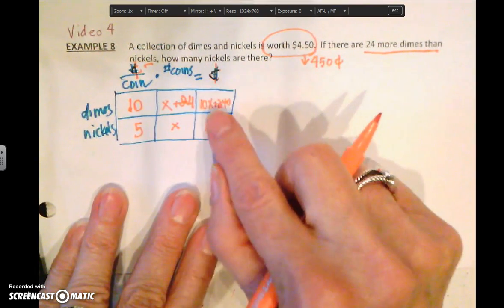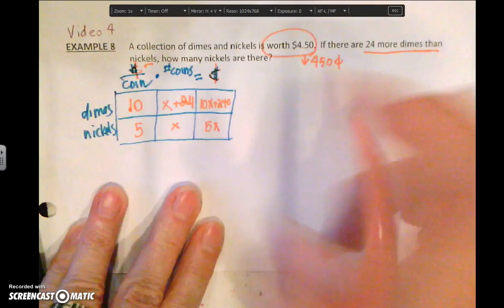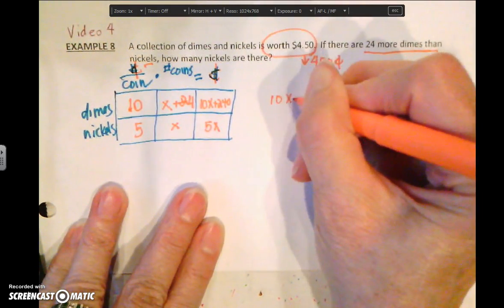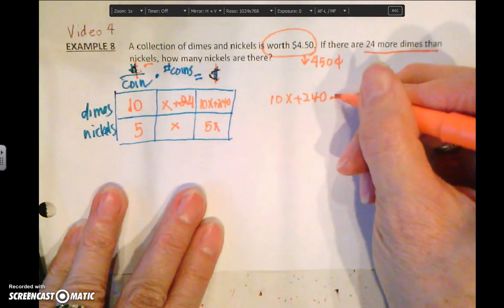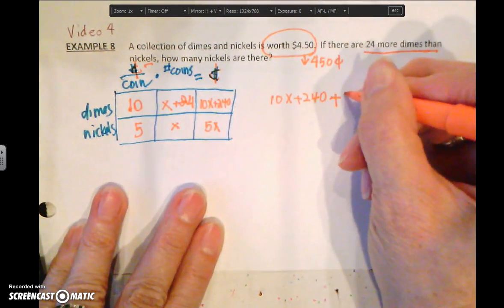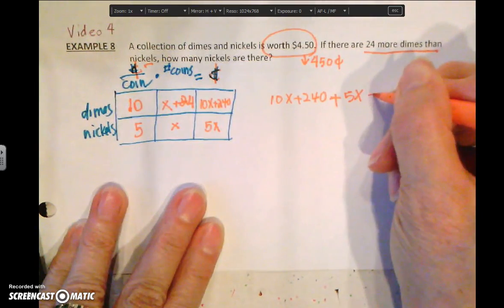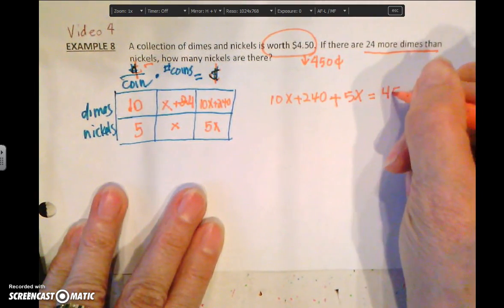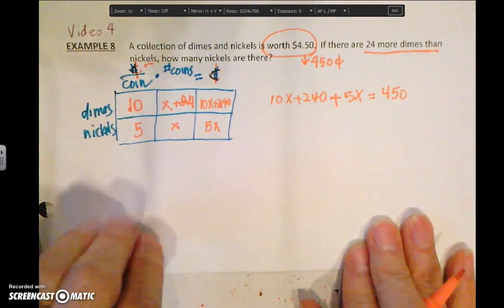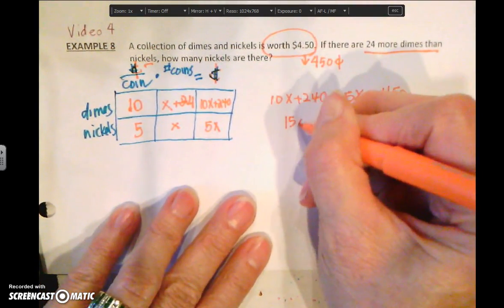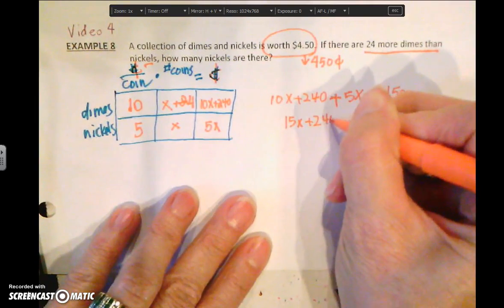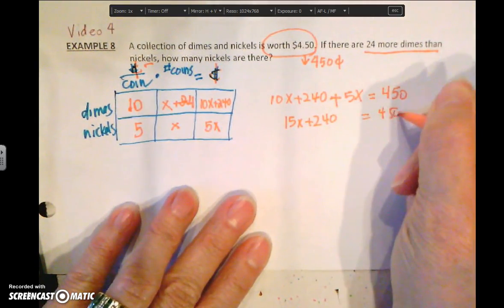So I'm going to take the number of cents in dimes. 10x plus 240 represents how many cents I have in dimes. And I'm going to add it to the number of cents in nickels, which is 5x. And it's going to total up to 450. Combining like terms, that gives me 15x plus 240 is 450.